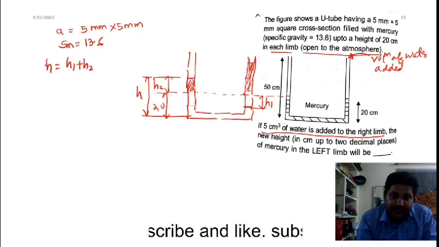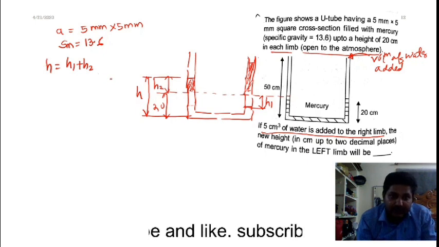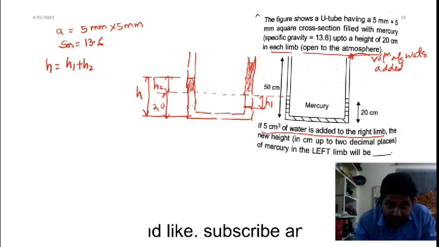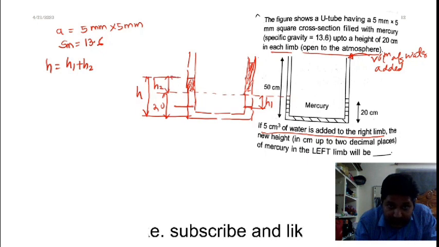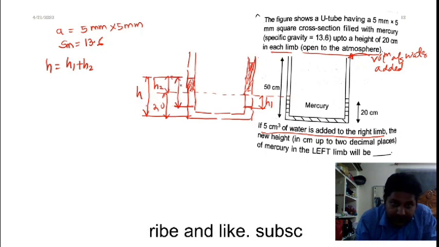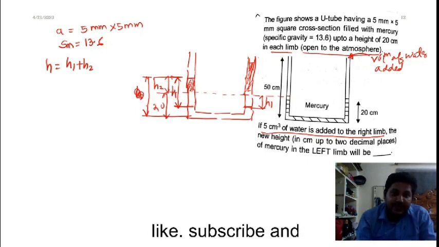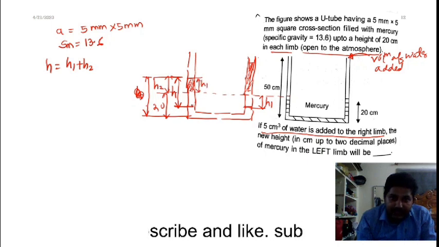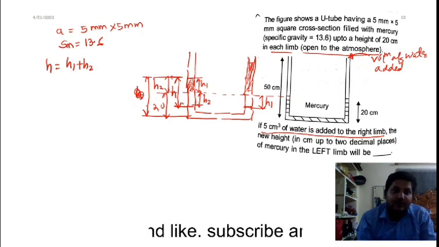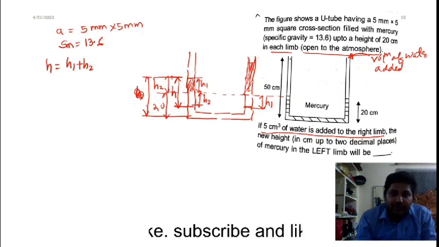This H will be, suppose, this one my H. Okay, this is my H. This H will be equal to H1 plus H2. Now some volume of water has been added.